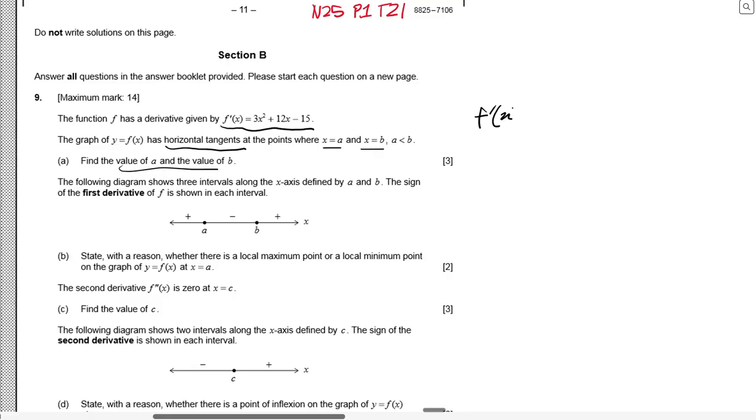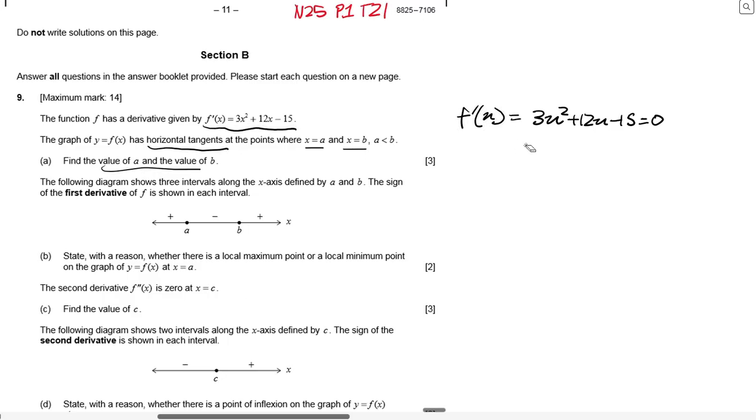f prime of x is equal to 3x squared plus 12x minus 15 is equal to 0. And we just solve this quadratic equation, pull out the 3, we get x squared plus 4x minus 5. And we can do this: plus 5, minus 1, so (x minus 1)(x plus 5).